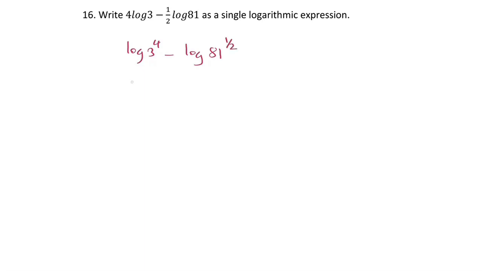Simplifying this, we have log 81 minus log 9. Next, by applying the quotient law, we have log 81/9. Simplifying this, we have log 9. And this is going to be our answer.